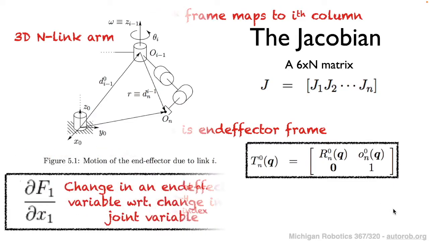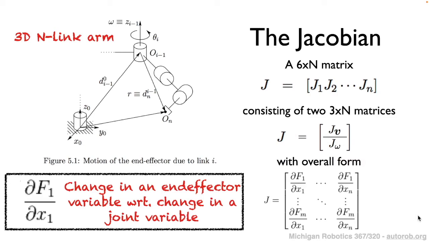So to go back to the Jacobian, as I mentioned, each element within this Jacobian matrix is going to represent a partial derivative. The Jacobian is going to take the form that's shown here on the lower right-hand side of the slide. Based on the position of each element within this matrix, the value represents one particular partial derivative that relates the output of our forward kinematics, one of the variables representing a portion of the state of the end effector, with respect to one of the degrees of freedom.